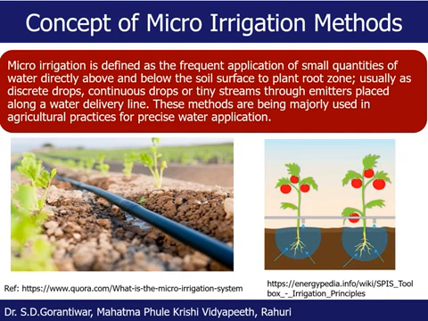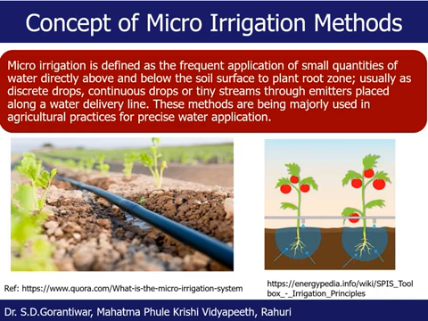Basically, we define micro irrigation methods as the methods wherein the discharge requirement is up to 50 liters per hour. So this is a very small or micro requirement of the discharge of the applicator or nozzle. And here we have defined the micro irrigation method as well.